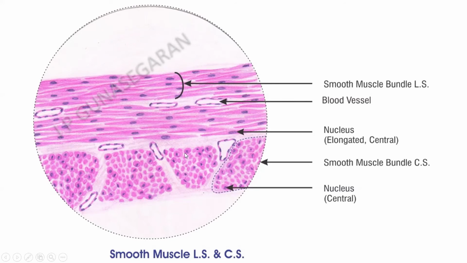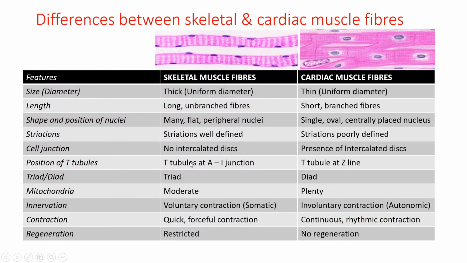The one large one is through the center of the muscle fibers showing the nuclei, whereas the other ones are smaller circles passing through the periphery of the muscle cells. This can be identified by the fusiform shape and elongated nuclei, and there are no striations in the smooth muscle.